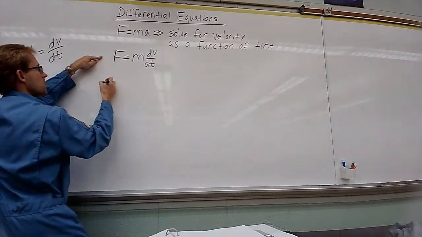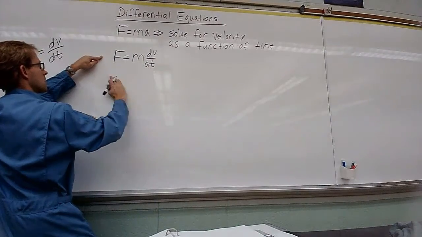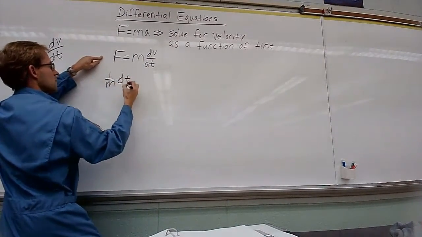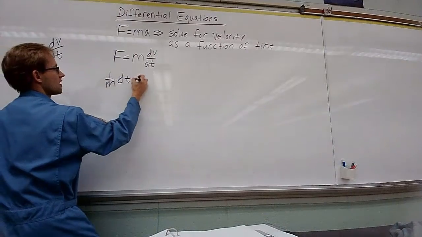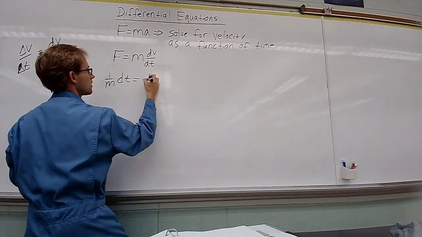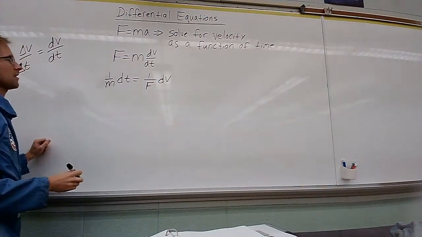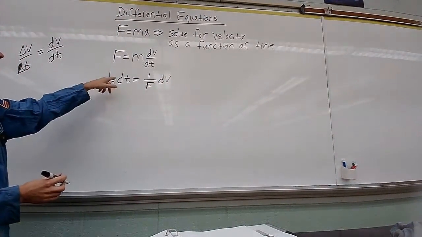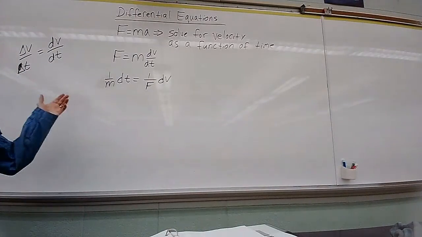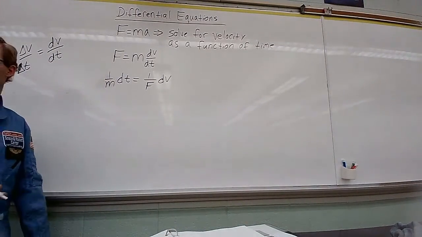So that would be dt over m, or 1 over m dt, is equal to dv over f. I don't know why they don't just put dt over here and call it a night. But this is how they solve it every single time, and they never explain why, but it is what it is.